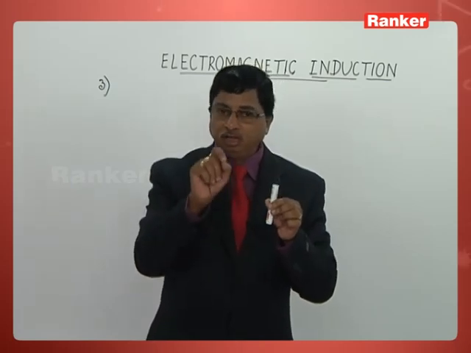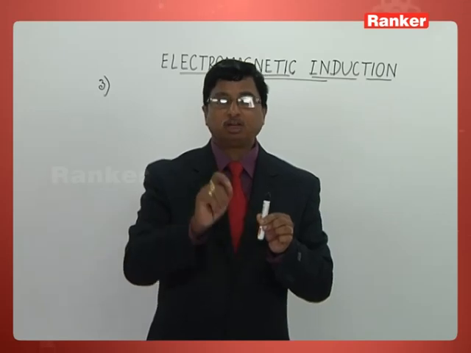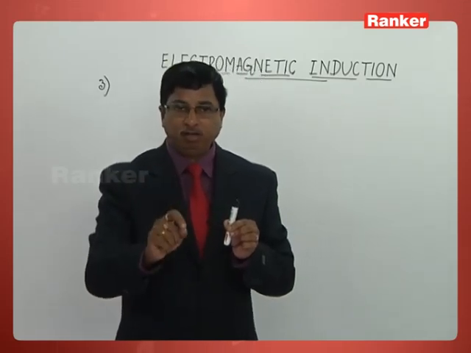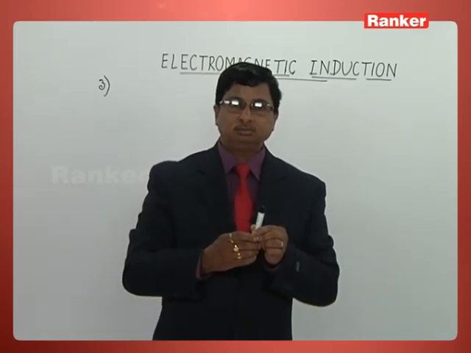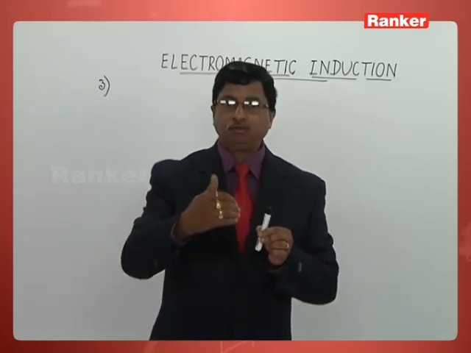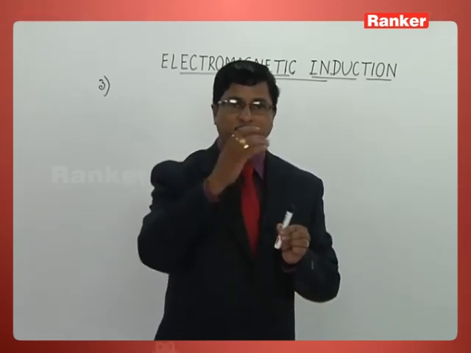So definitely there is a chance for the magnetic flux to vary with respect to time. In the sense, a rate of change of magnetic flux is going to be possible there.